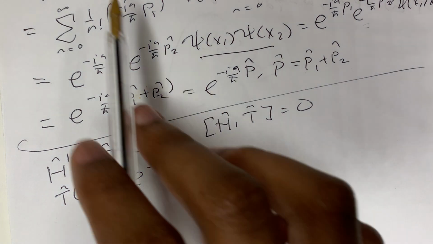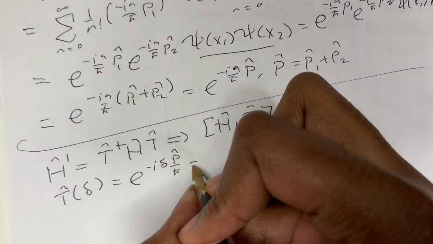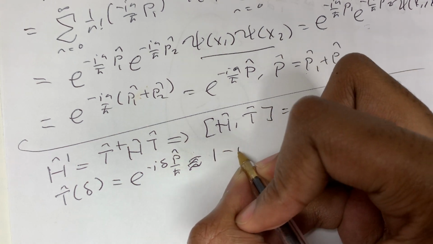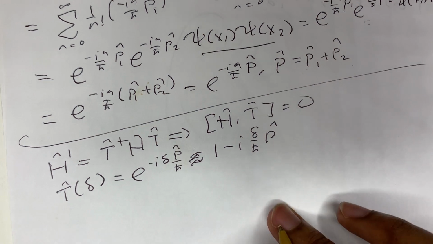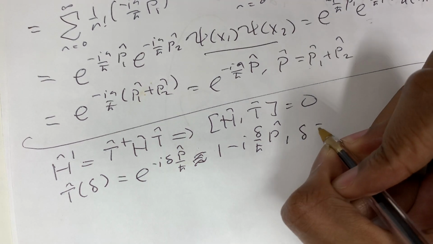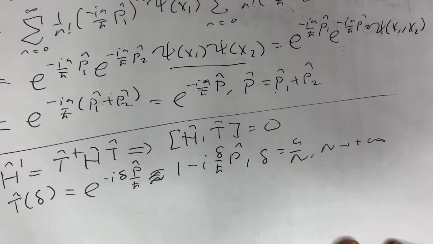Okay, so remember that we showed that this can be written as that. Okay, so this is approximately equal to 1 minus i delta over h bar big P hat, where this can be a over n as n approaches infinity.